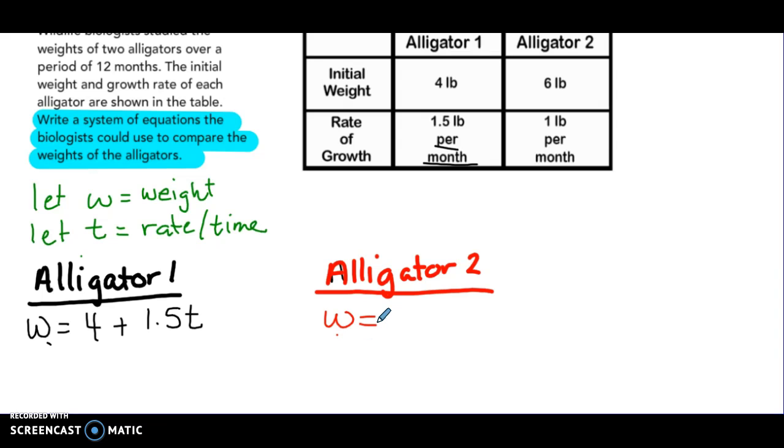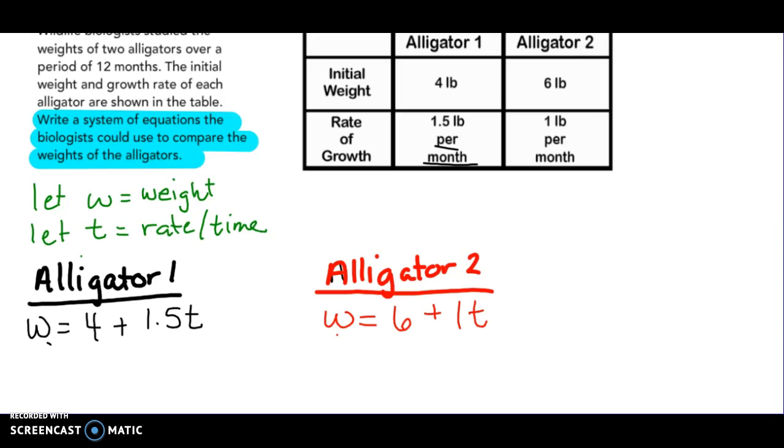So weight equals the weight of the alligator at the beginning, so their initial starting weight, plus their rate of growth per month. So the rate of growth was 1 per month, means we have to multiply it by T. So over time, this alligator grows 1 pound each month.